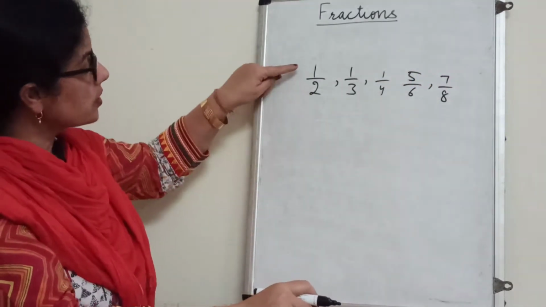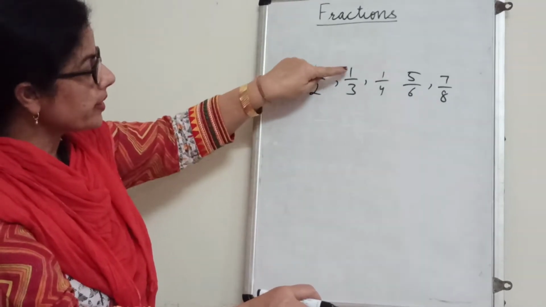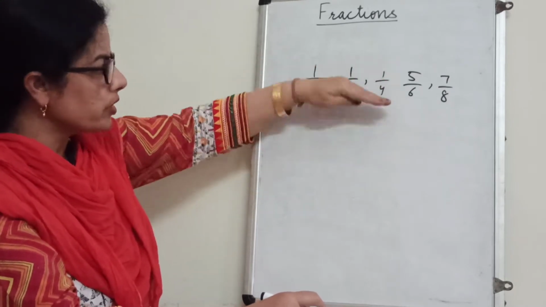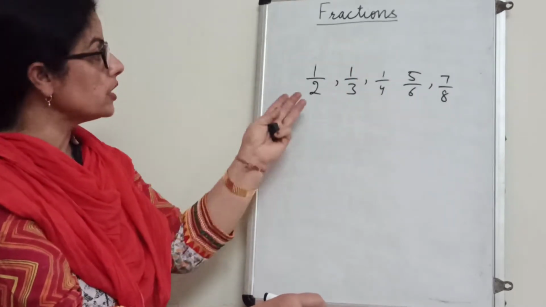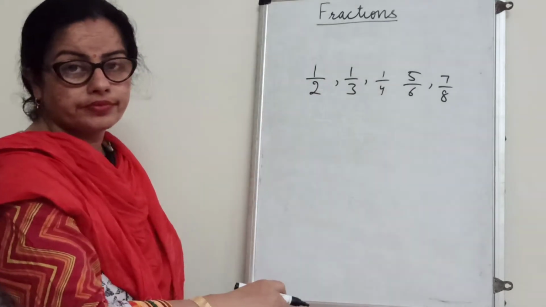In every fraction, this is the numerator, this is the denominator, and in every fraction the numerator is smaller than the denominator. So these fractions are known as proper fractions.